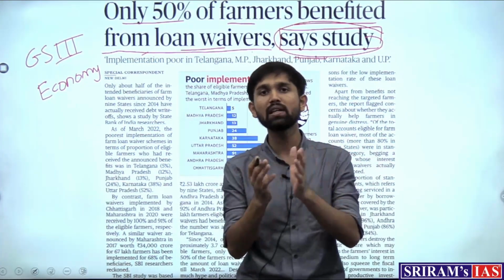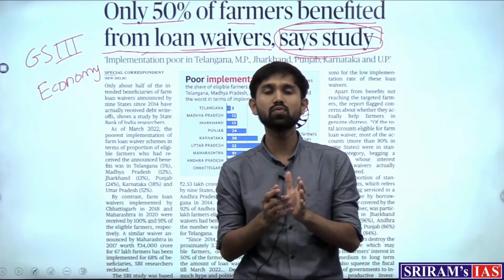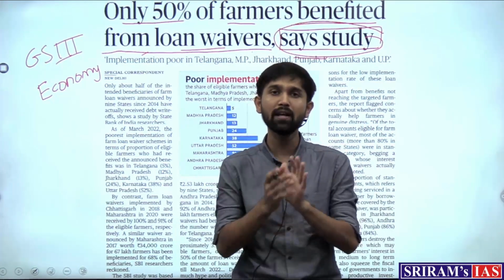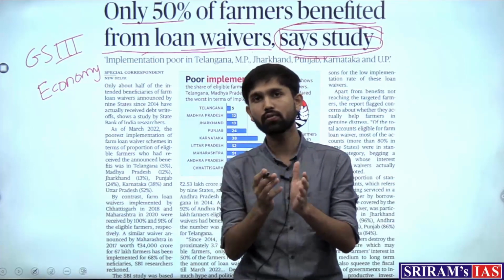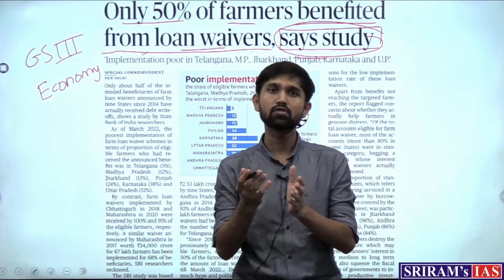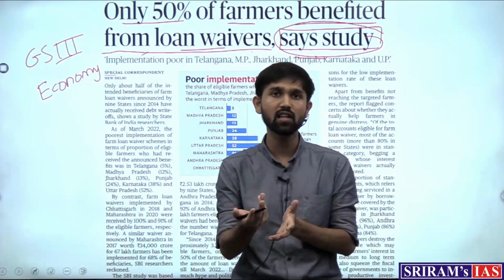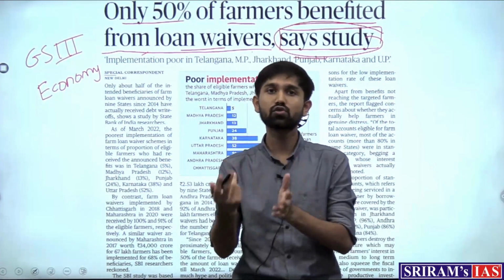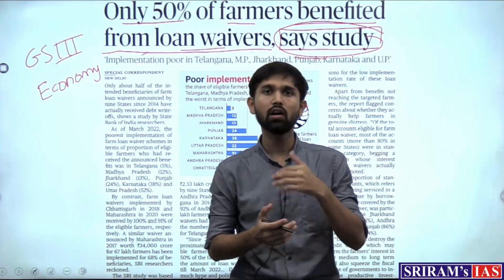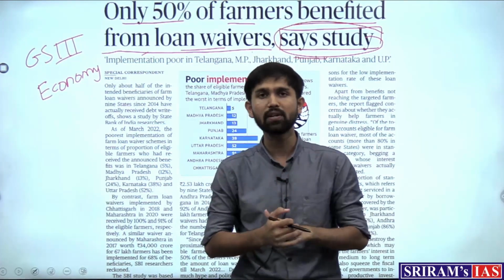It will keep mounting the debt for these farmers. So this is what generally keeps happening if the yield of these farmers is not favorable. So this keeps mounting the debt for the farmers, which will again result into what? It will hamper their sowing season, which is to come after their previous harvest season.